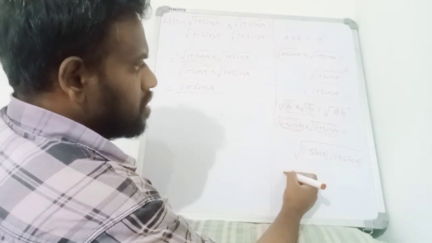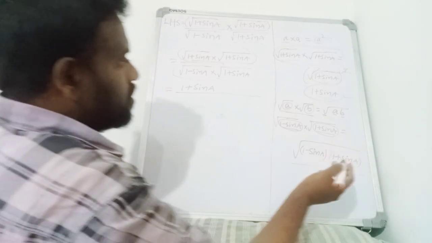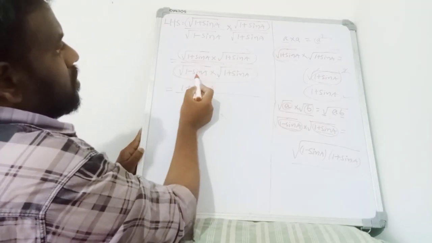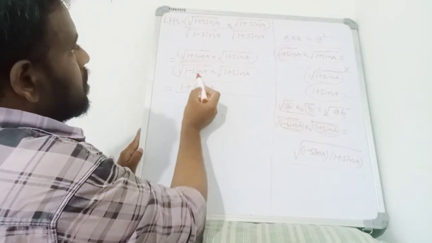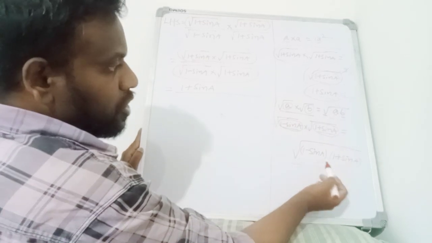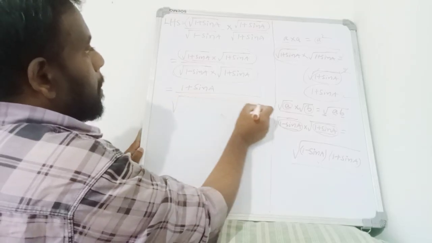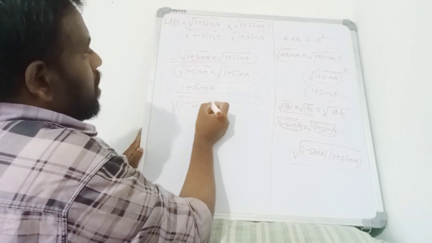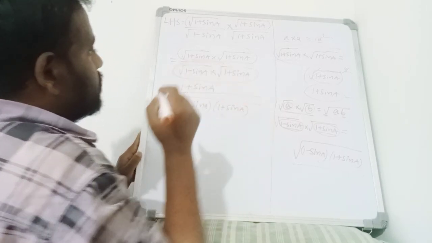Now again, now this I will write it here. See, in place of this I will write it here because this into this is equal to this. We have calculated just now, I showed. So in place of this I will write this. Square root of 1 minus sin A into 1 plus sin A.